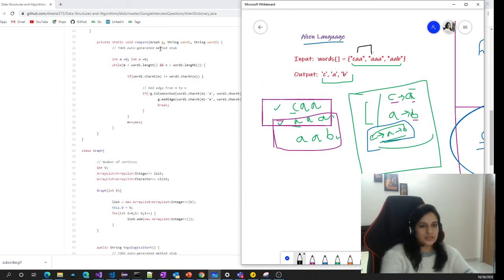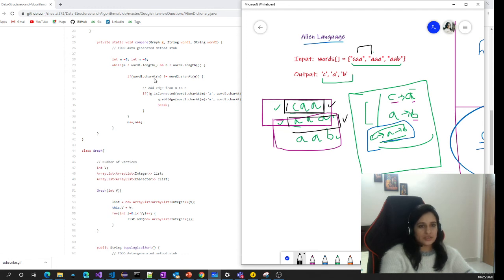The compare method simply iterates through both words up to their lengths. There are two words, word 1 and word 2. This while loop runs while m is less than word 1 length and n is less than word 2 length.